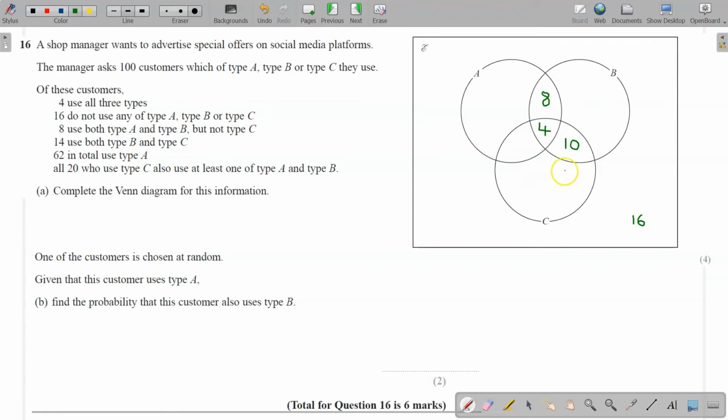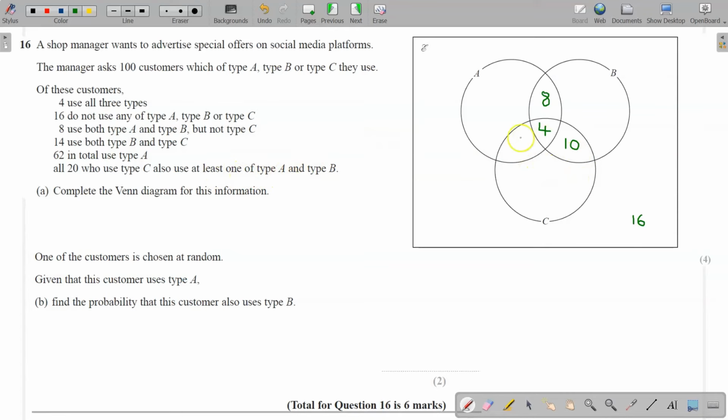Okay, now we're nearly done. We've got 62 in total use type A. At the moment, there's 2 gaps in A, which the total of all that should be 62, but we don't yet know how to split that bit there, so we'll look at the next clue. All 20 who use type C also use at least one of the other 2 types.